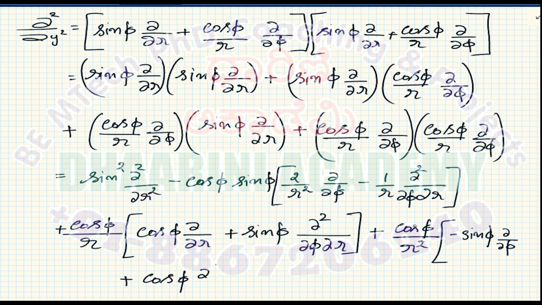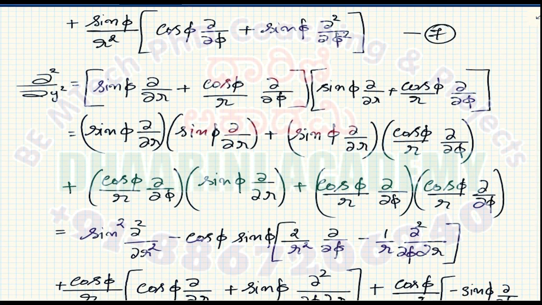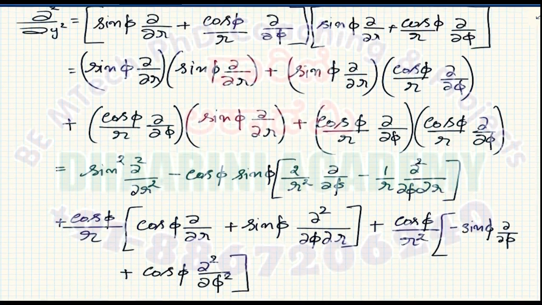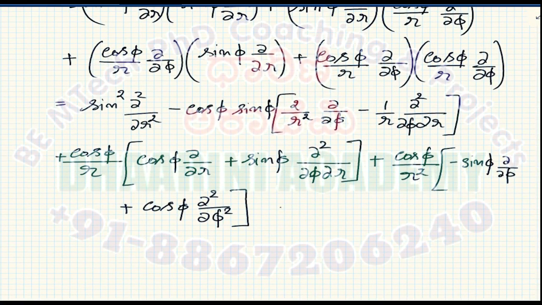Cos phi dou square by dou phi square. Okay, previous equation was equation number 7. Now we'll call this equation number 8.